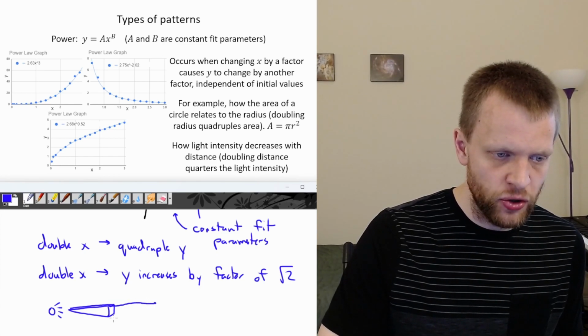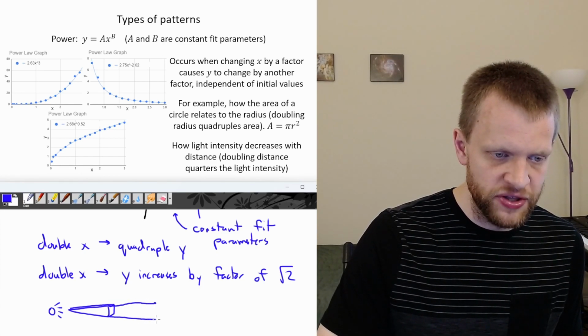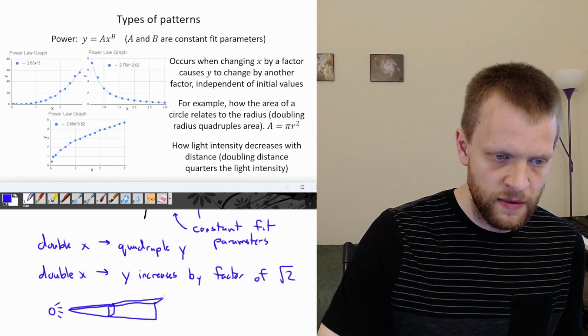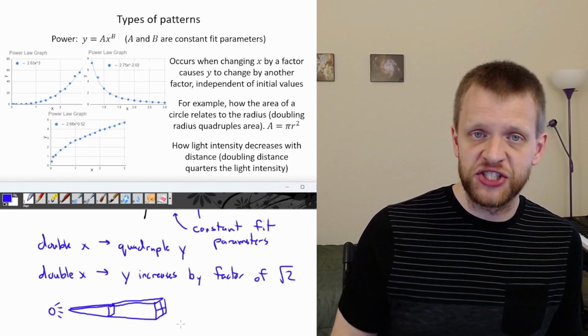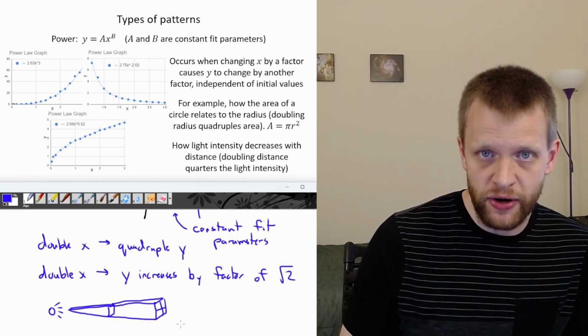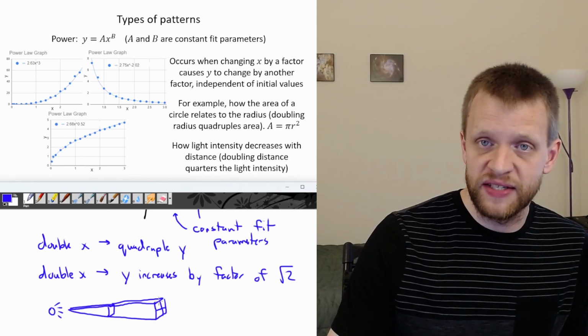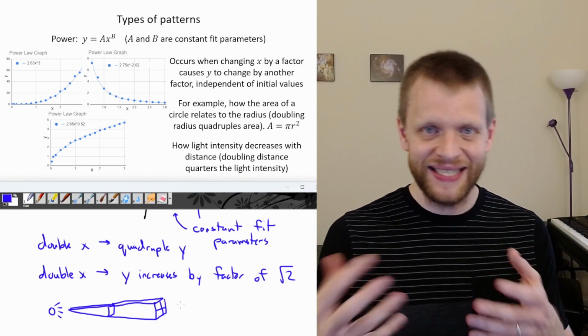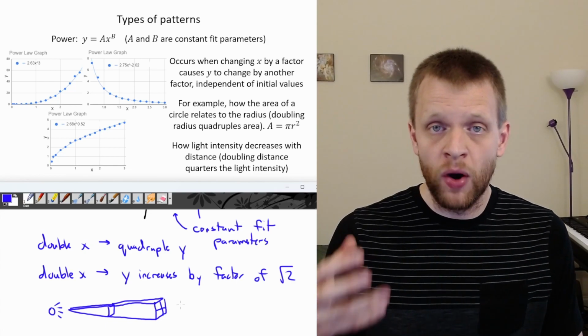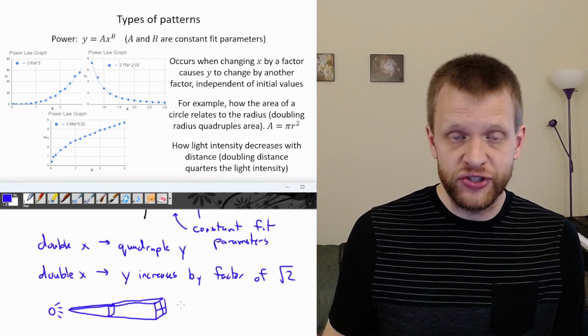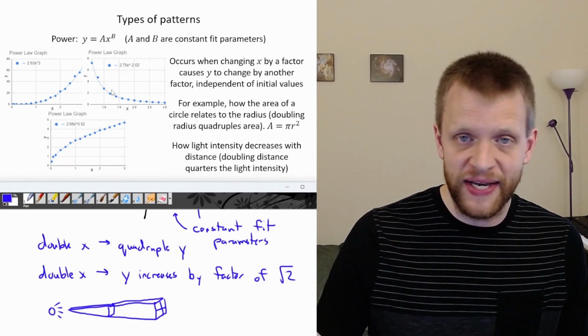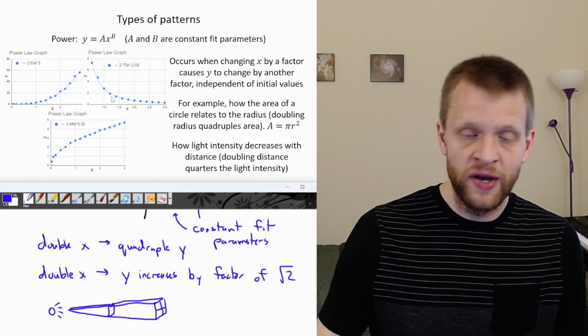But as this goes further away, if I double the distance, then that light gets spread over 4 times the area. So doubling the distance would cause the intensity of that light to become 1/4 of what we started with. This would be another example of one of those power fits.